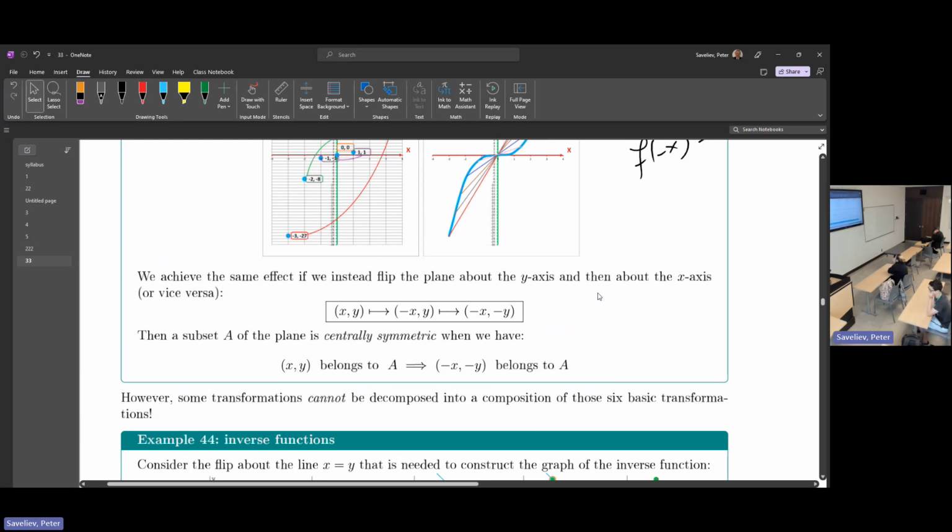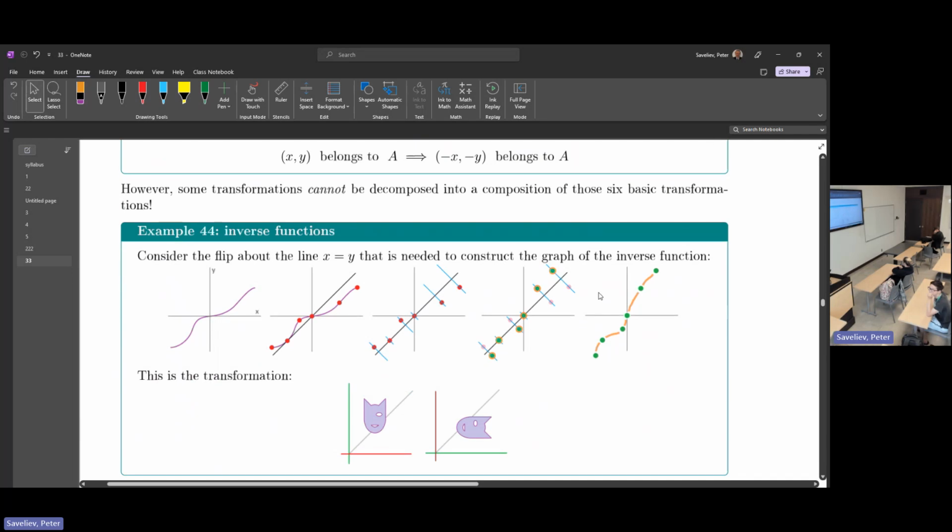Here's the third transformation that you saw in pre-calculus. That's how we produce inverse functions. You literally take the graph of the original function and flip it about the diagonal. It's shown one point at a time in the first picture.